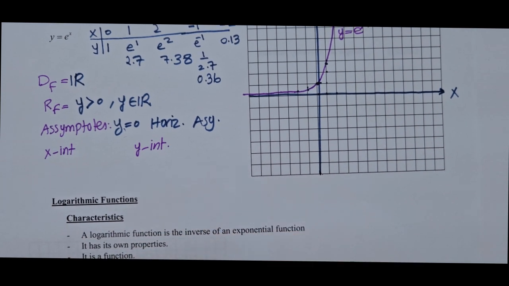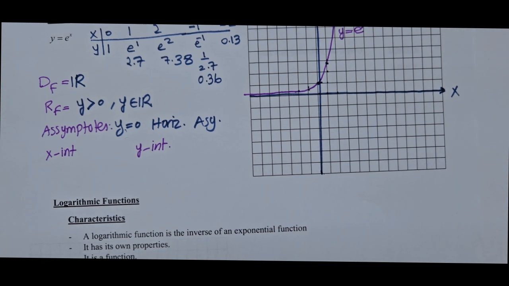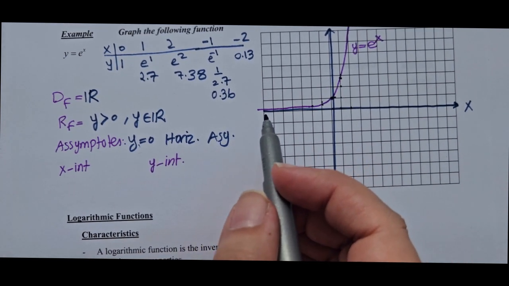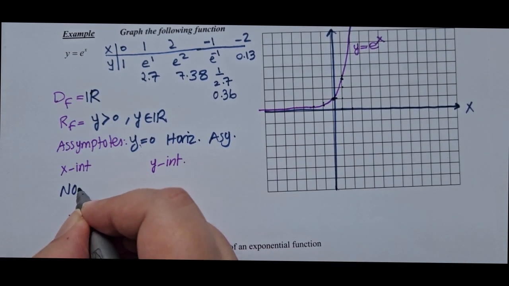If you take a look at the graph, the x-intercept is where it passes through the x-axis, which it never does, so there is none.